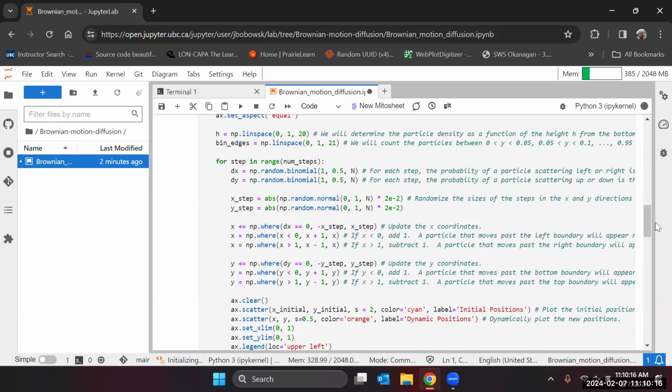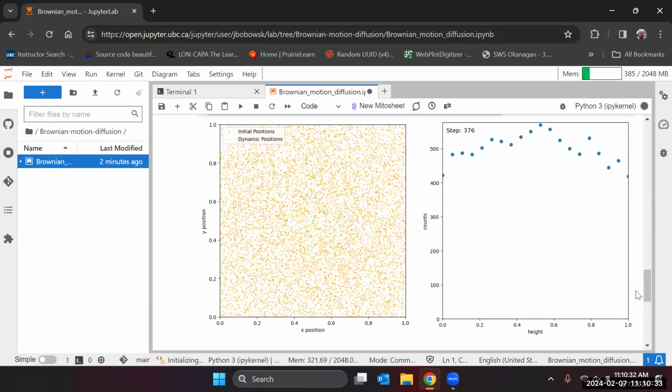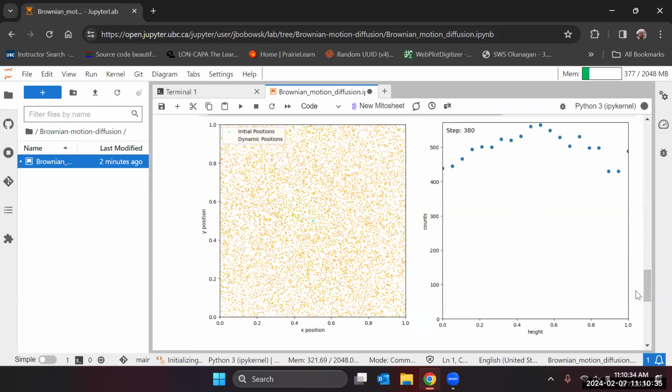So in the second simulation, we'll say that the probability of a particle moving up will be something like 0.25, and the probability that it moves down is 0.75. And what that's designed to do is simulate gravity.